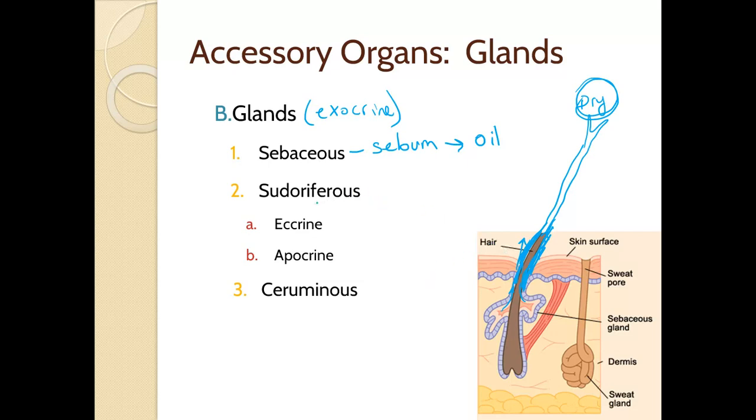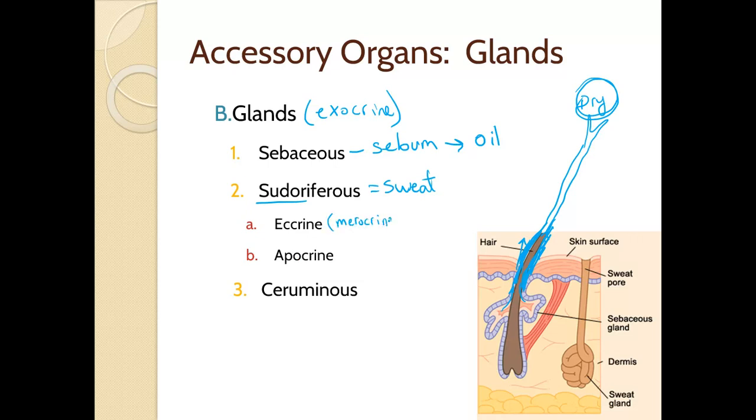All right, the next type of gland is called sudoriferous, and sudoriferous means sweat. Actually, the word sudor in Spanish means sweat, so I guess that comes from the Latin word for sweat. And so there are two types of sweat glands that we have in our body, eccrine and apocrine. Eccrine is another way to say merocrine.